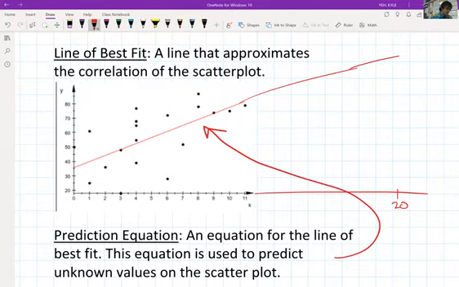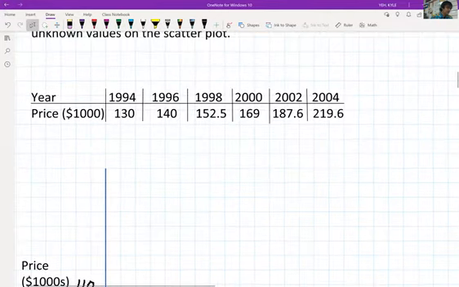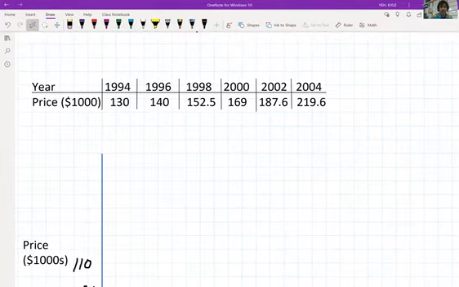So here's the setup. As you can see, we've got a table of information: year, 1994, 1996, every 2 years it looks like, and then price in the thousands of dollars, so 130,000, 140,000. Now, I took this data from our textbook, and it has to do with the median real estate price in each of these years in a certain area.